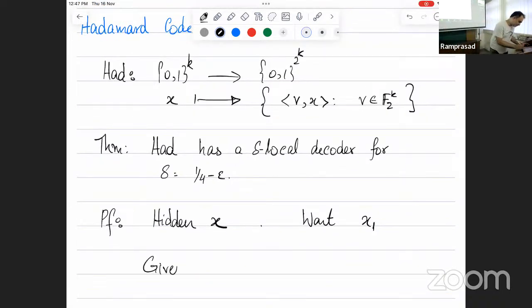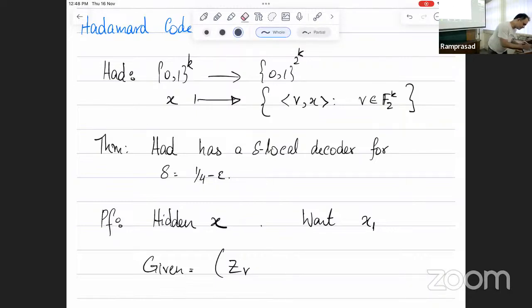What I'm given is this long string z_u1 through z_u2 to the n, where basically each u_i is a vector. Maybe I'll just call it v. So I'm given z_v, which is supposed to be equal to the inner product of v and x.